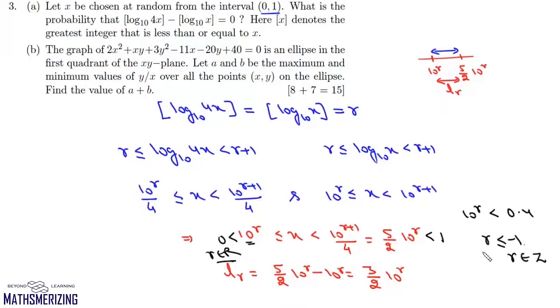So from these two conditions, we'll get this r will take the values starting from minus 1, minus 2, minus 3 up to minus infinity.